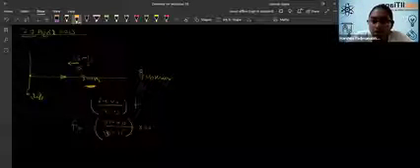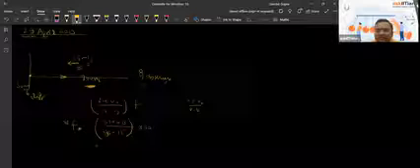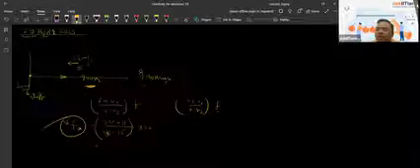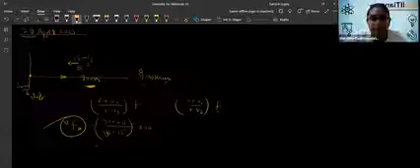The cliff now becomes a source, emitting this frequency f. We apply the same formula again: V plus V observer divided by V minus V source, and in this f we put this f. Okay, sir. Got it. Clear? Yes, sir.